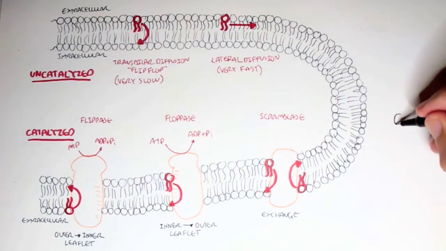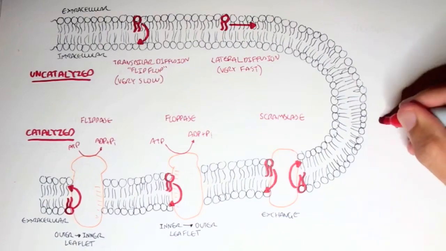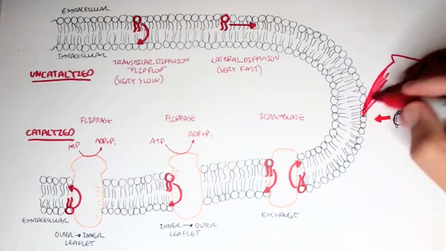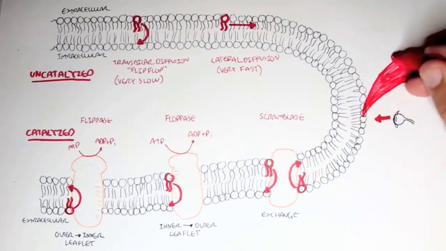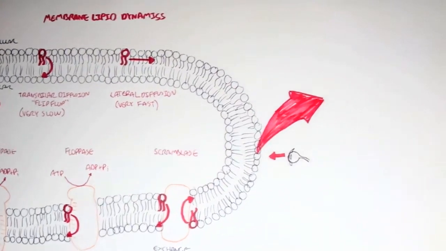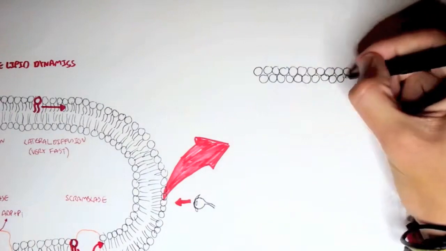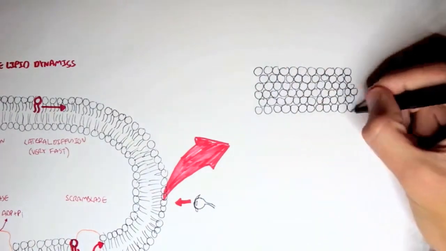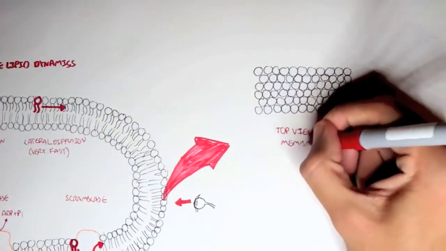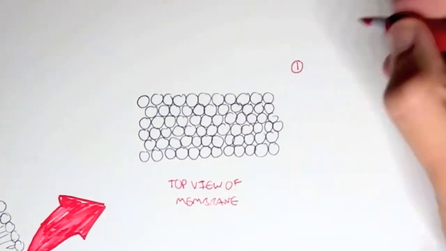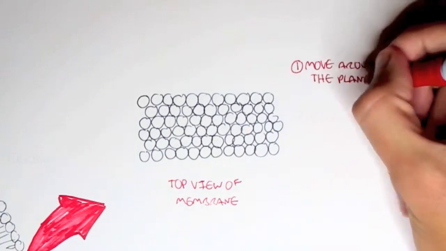Now, there are other types of movements within the membrane structure. If we have a look at the top of a membrane, like a bird's eye view, and we zoom into the structure, the lipid membrane will look like this from the top view. Now there are two things I want to point out here. One is that the lipid can move around on the same plane.